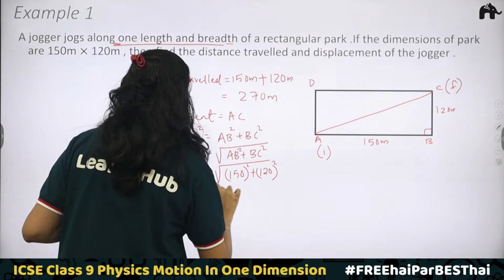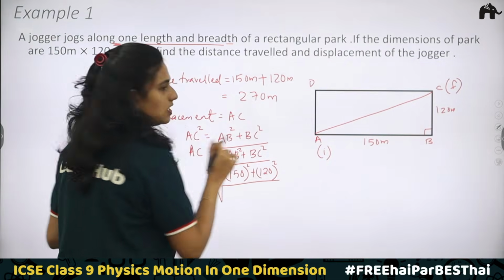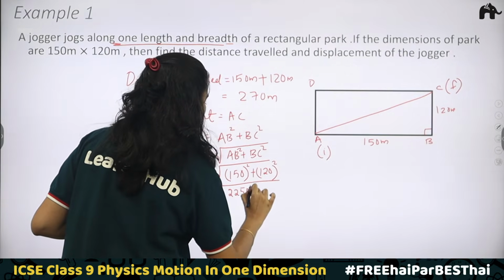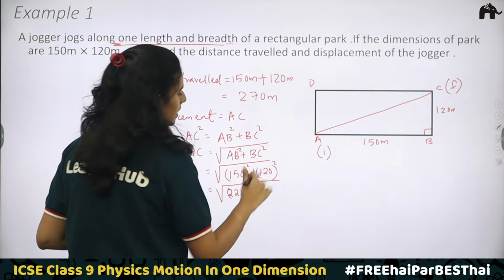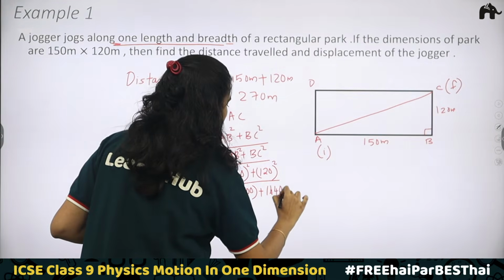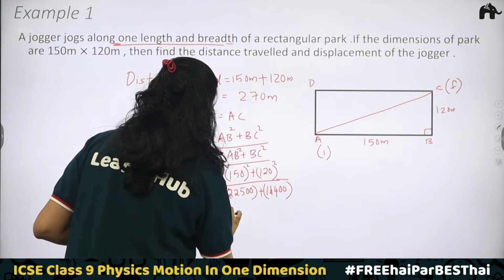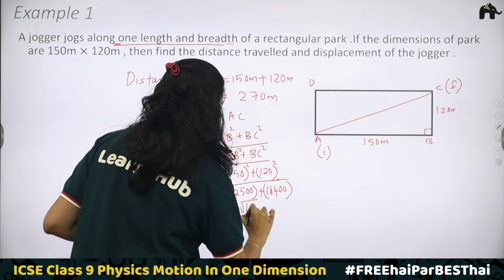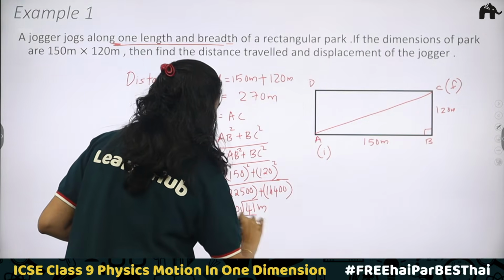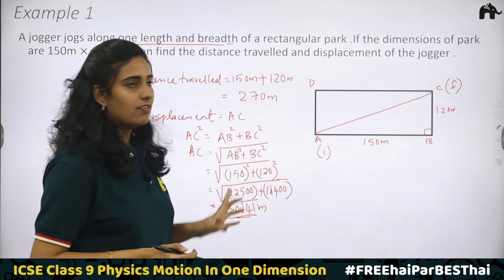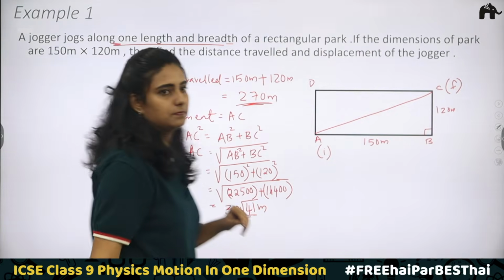Okay, that is equal to root of 15 square, we know, that is 225 and 2 zeros, plus 12 square, we know, 144 and 2 zeros. So when you add them and take the root, you will get a value of 30 root 41 meters. So here the displacement is 30 root 41 meters and the total distance travelled is 270 meters.